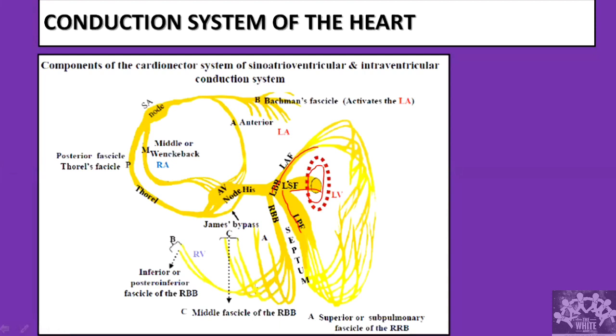Large-scale studies have been done, and they have shown its presence. So that is about the left bundle branch. The right bundle branch further divides and gives the final Purkinje fibers, and then there is rapid conduction and activation of the myocardium. So this is what is going to happen.